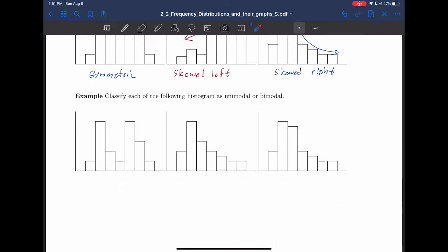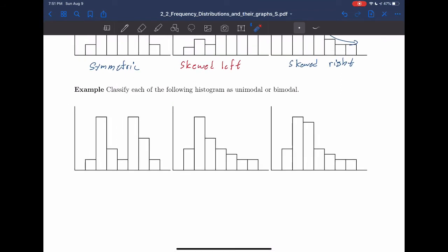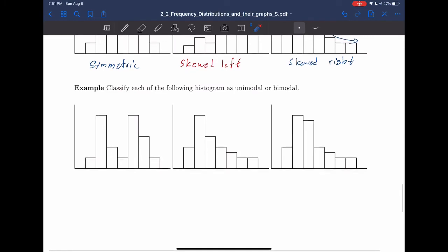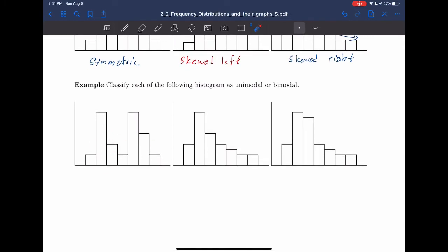Okay, so we want to classify this histogram as unimodal or bimodal. Here, you clearly see that there are 2 peaks. So in this case, this is bimodal. For this histogram, there's only one big peak, so this is unimodal.